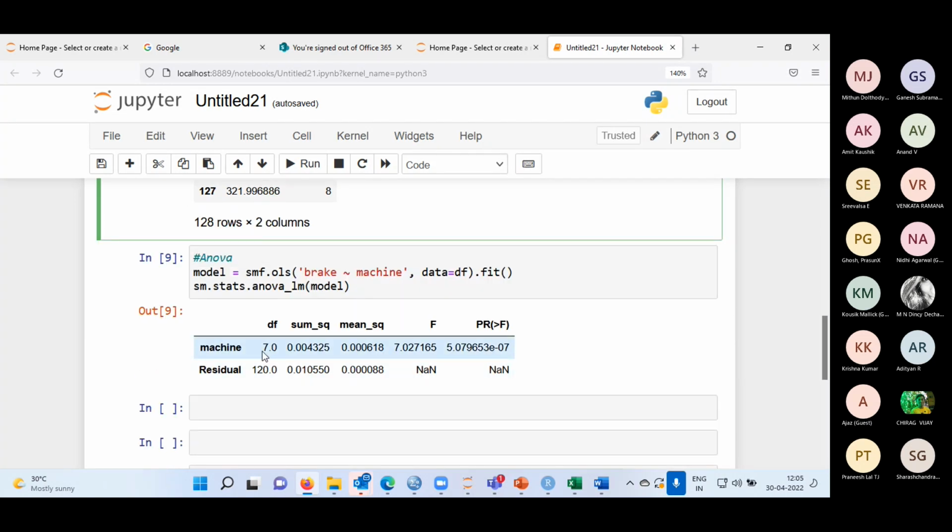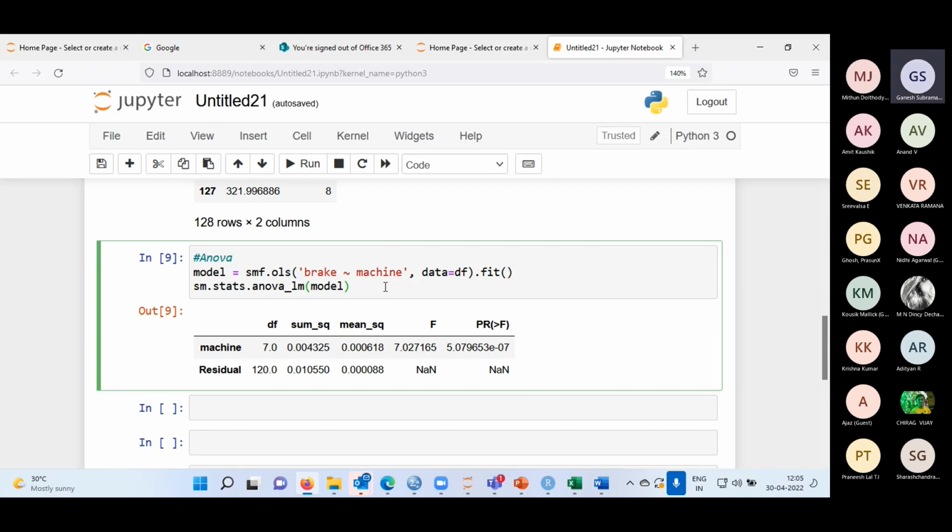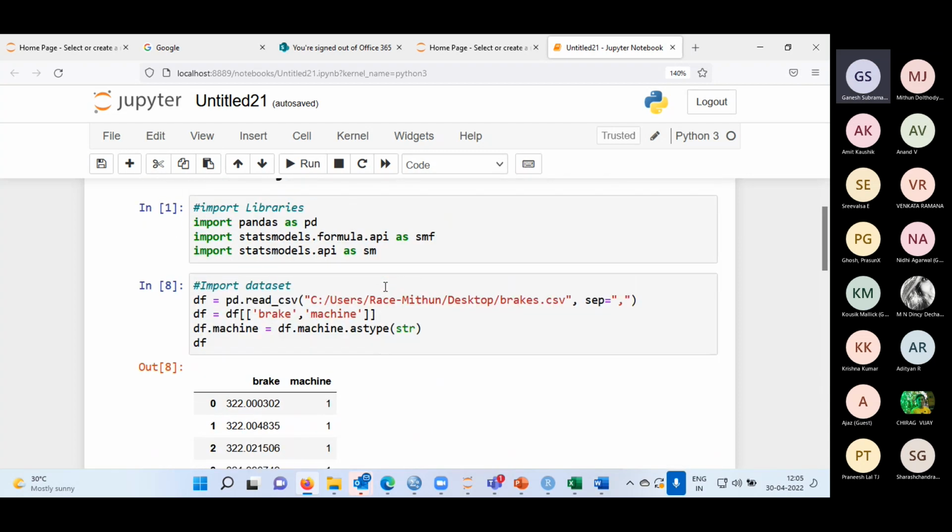So now if you see here, it is 7.0. Can you stay there for a minute? I'll just type that. Sorry. That string conversion. Okay, sure. I'm just changing the data type by specifying dot astype.